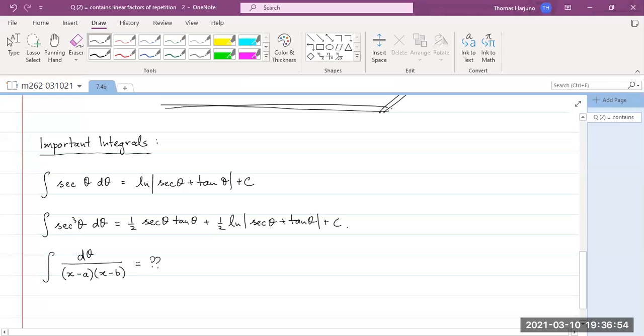Okay, let's derive the formula. So we basically have x minus a, x minus b in the denominator.